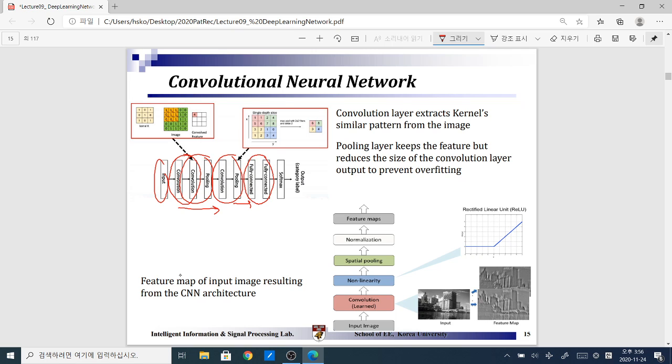It could be multi-layer, or it could be just a single layer and so forth. And at the end, there's some sort of a softmax or sigmoidal type of function as the output.